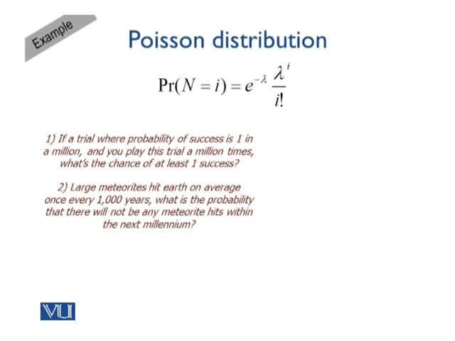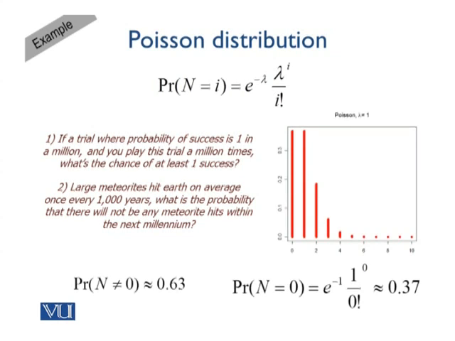What we are interested in, in both cases, is finding that 0 events happen. This is then very easy to solve using the Poisson formula, which can be seen on the screen now. If you plug in the value of 1 for lambda and the value of i equal to 0 into this formula, you would see that the term lambda raised to i over i factorial vanishes, because that is equal to 1.